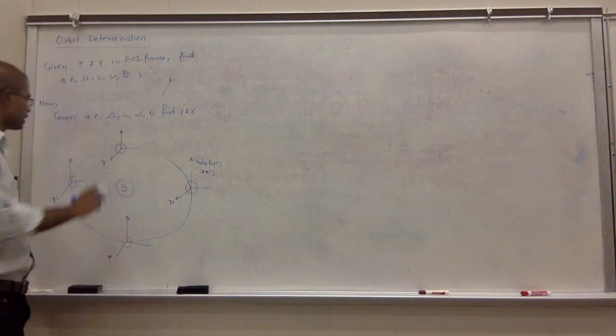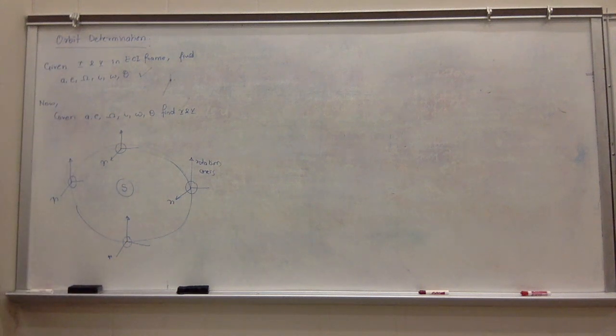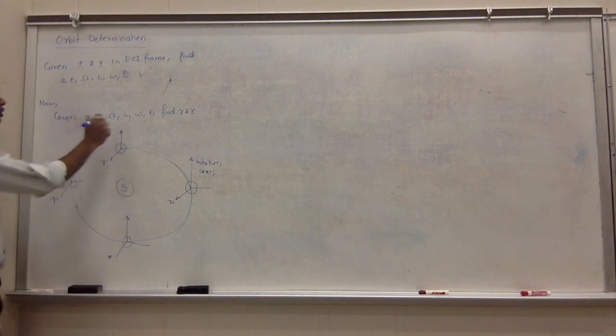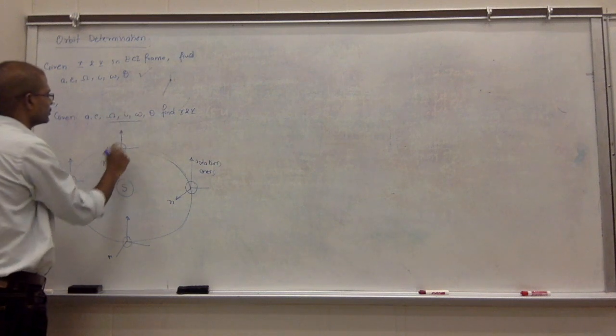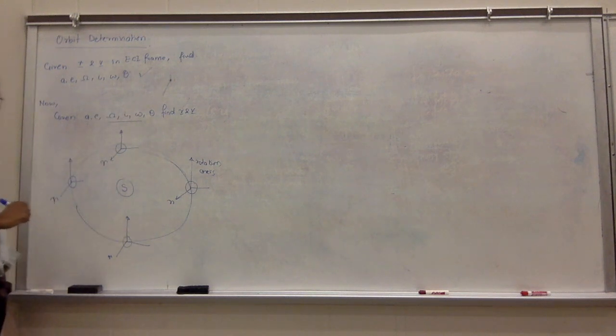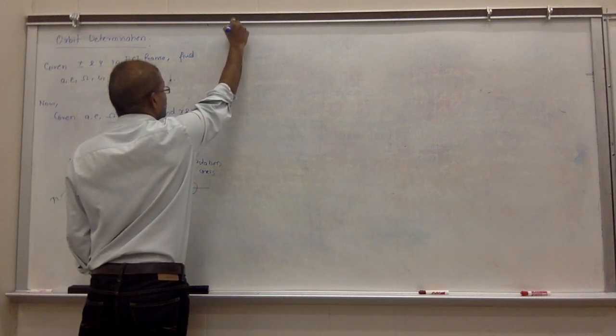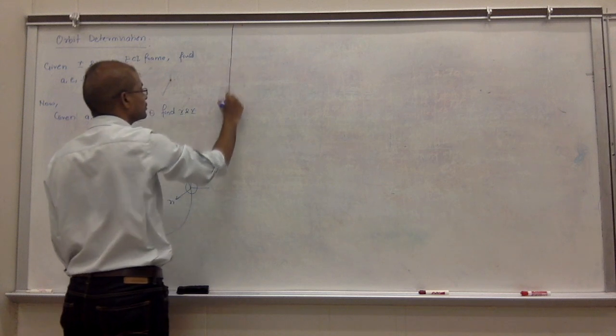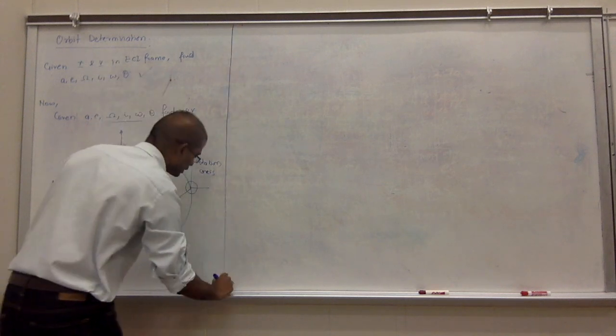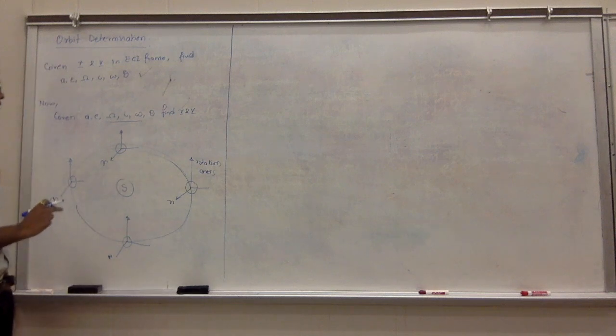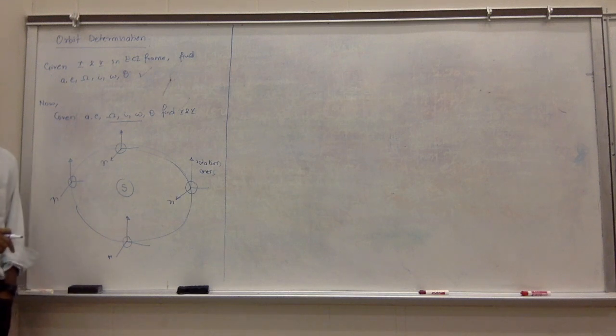So what you should understand here is, what are these three? What angles are they? These angles are the relative orientation of the orbit frame with respect to the ECI frame.